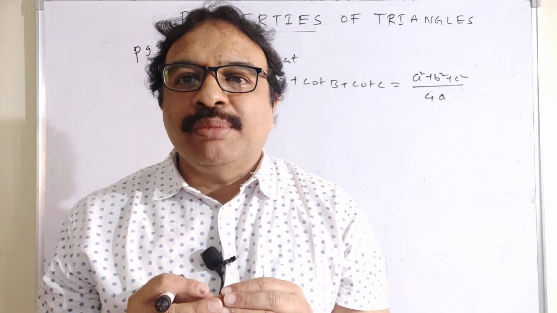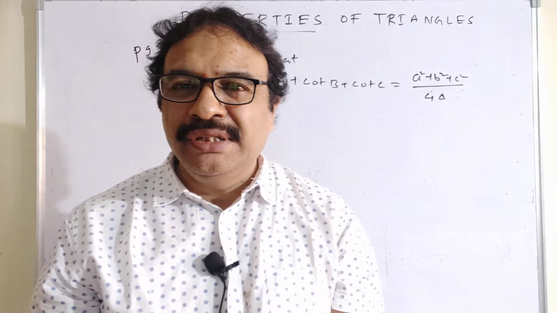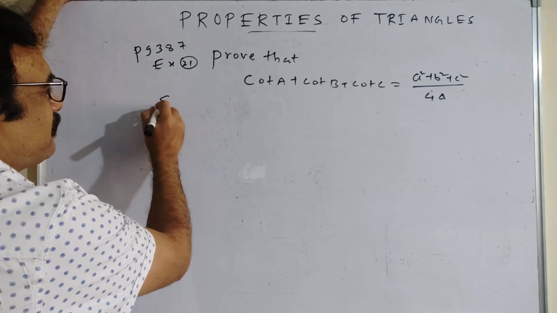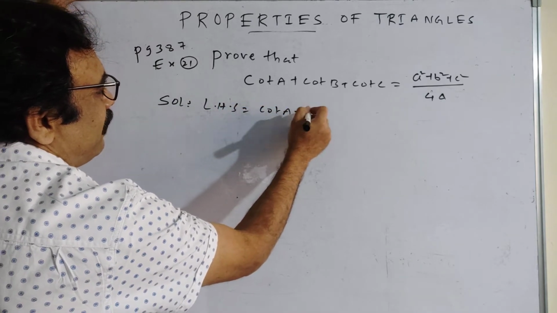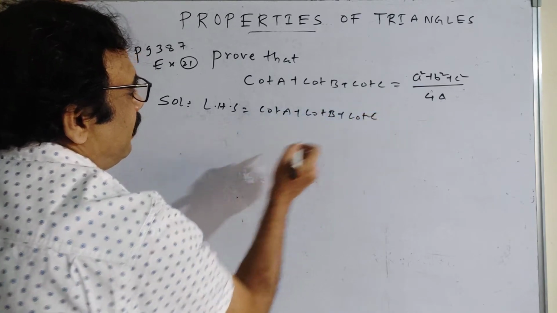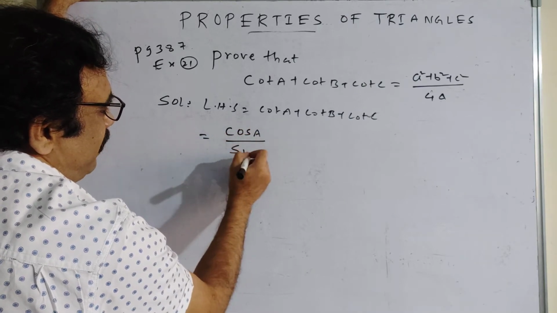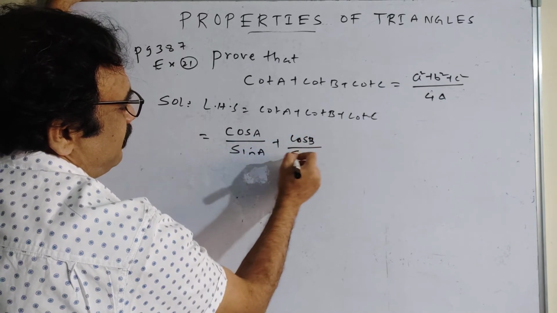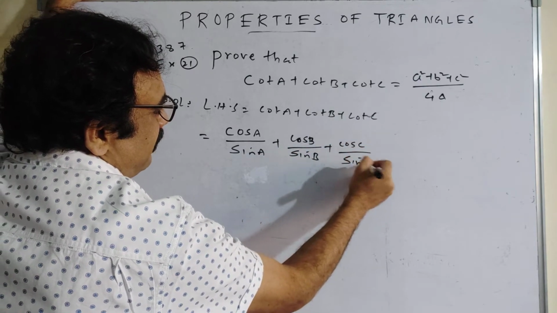When you are talking about properties of triangles, you have to understand that the sum of the angles in a triangle is 180 degrees, and here you are going to write cot A plus cot B plus cot C. I'll be taking LHS, and in LHS we have cot A, cot B, and cot C. Now here you are going to write cot A can be written as cos A by sin A, cot B can be written as cos B by sin B, and cot C can be written as cos C by sin C.